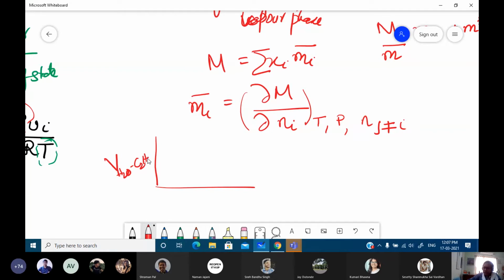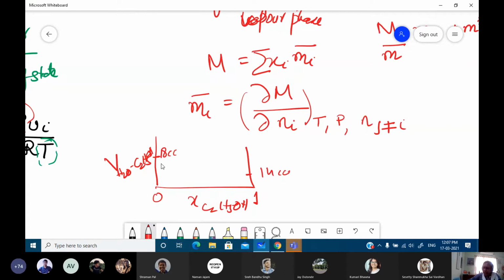If I start with 0, say this is X of C2H5OH, it varies from 0 to 1. When it is 0, when I add one mole, the change in the volume is 18 cc. But when I add the same 1 mole to pure ethanol, the change is just 14 cc. Here it is 18 cc.